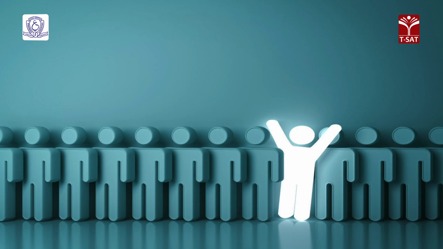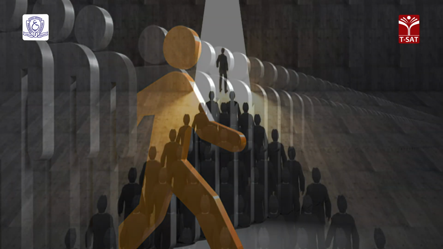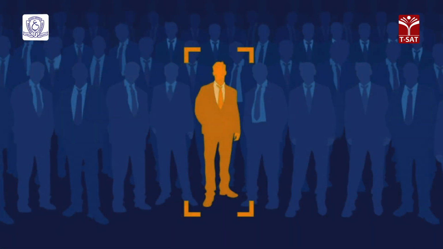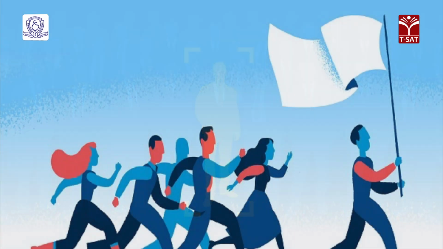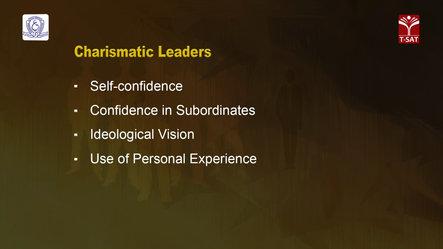Charismatic leaders are often identified in times of crisis and exhibit exceptional devotion to and expertise in their fields. They are often people with a clear vision in business or politics and the ability to engage with a large audience. The characters of a charismatic leader include self-confidence, confidence in subordinates, ideological vision, and use of personal experience.